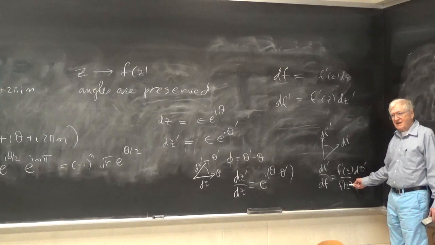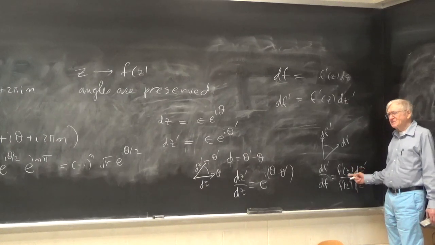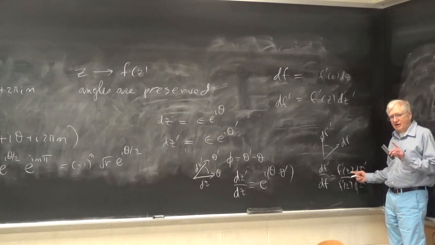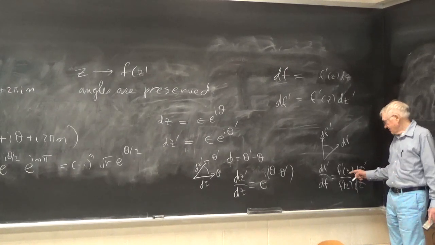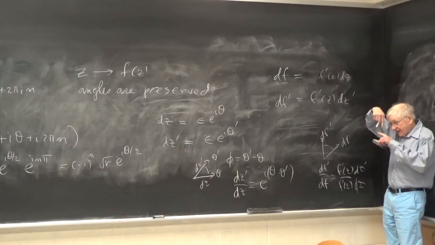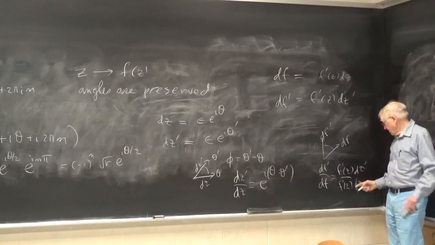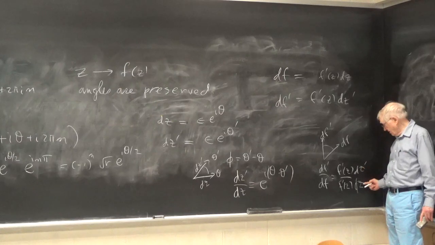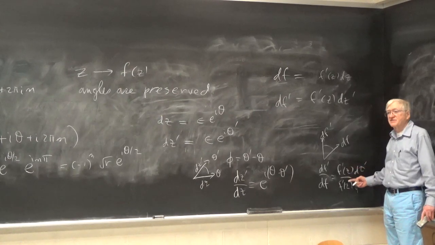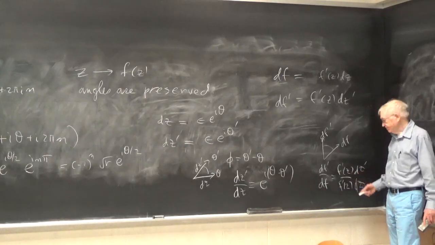The f primes cancel, and notice that the f primes canceling is at the very heart of analytic function theory. The definition of analyticity is that the derivative exists no matter how you come at the point. Here you can come at it via dz prime, here you can come at it via dz, and you have the same f prime of z.